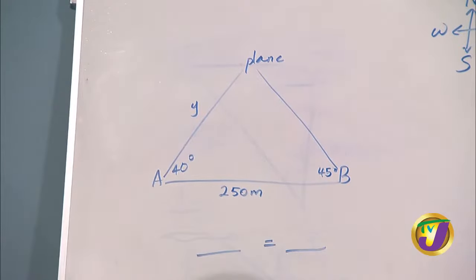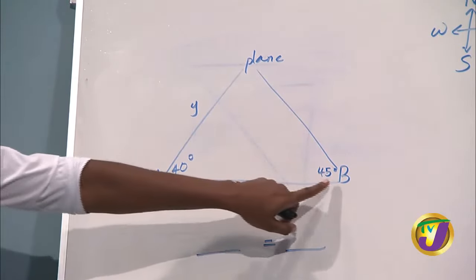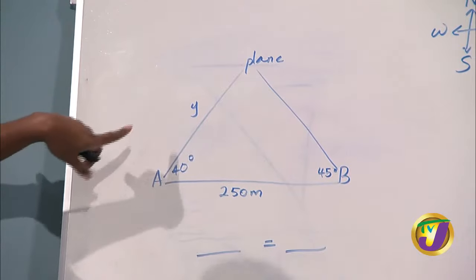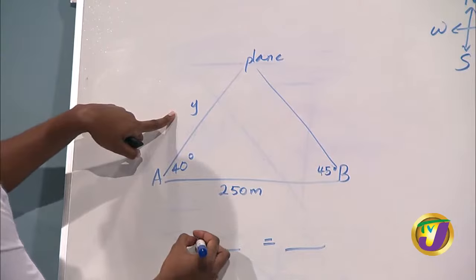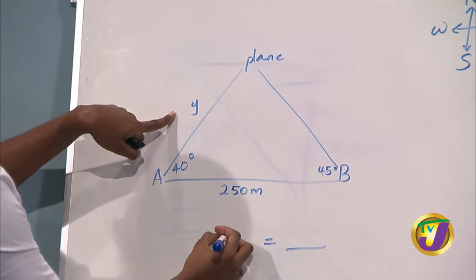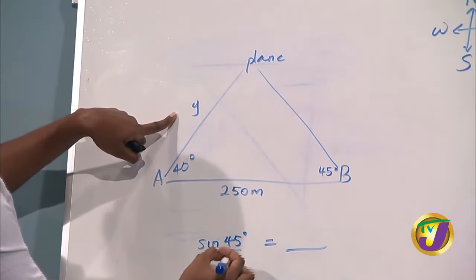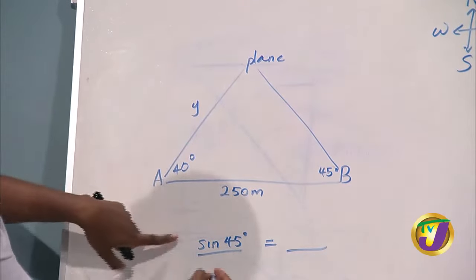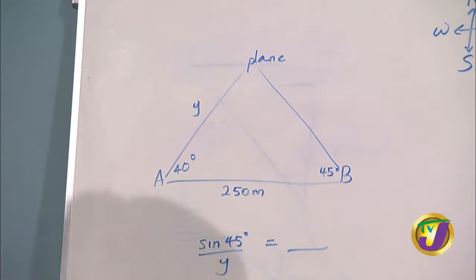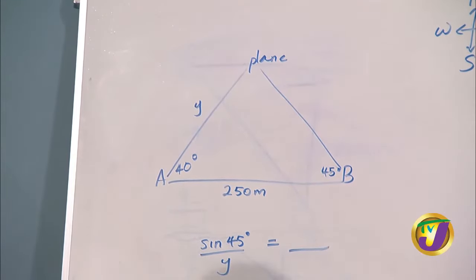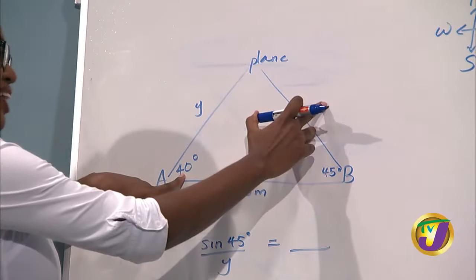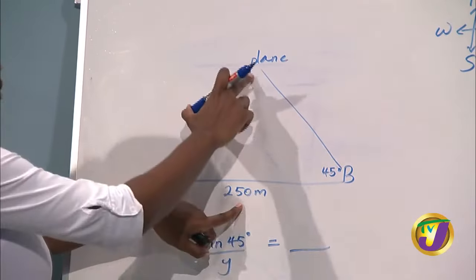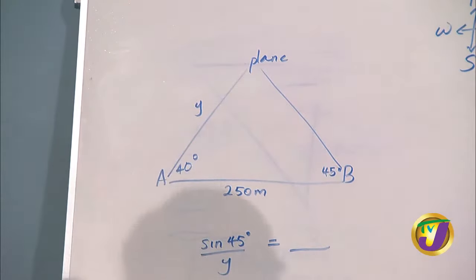So obviously we're going to be looking at these two. We want to find y, so sine 45 degrees, and I'm comparing it to the link with the y. But what's the missing one? Look at this. The 40 degrees, I don't know this side, but I know this one, and we can find this missing angle. Yes.